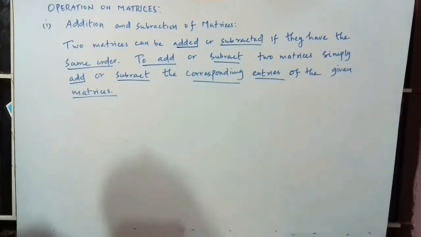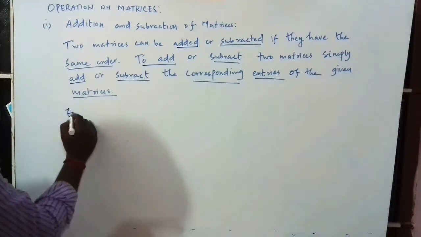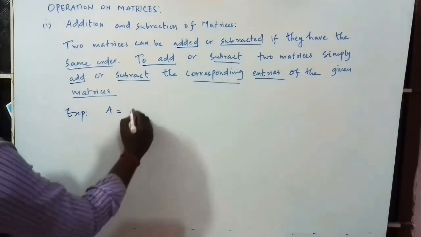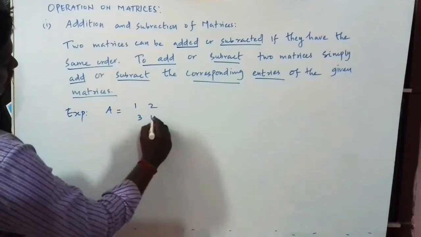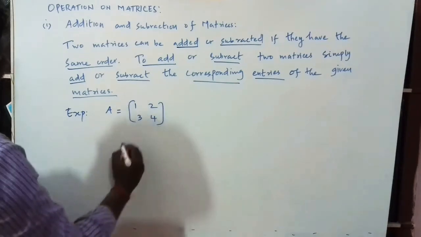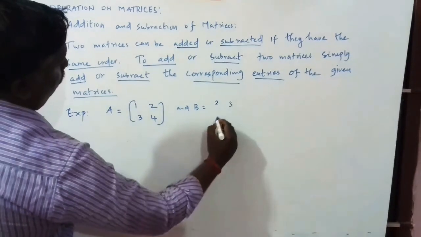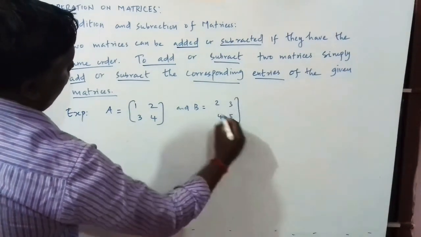Okay. Example. A equal to the matrix 1, 2, 3, 4 and B equal to 2, 3, 4, 5.